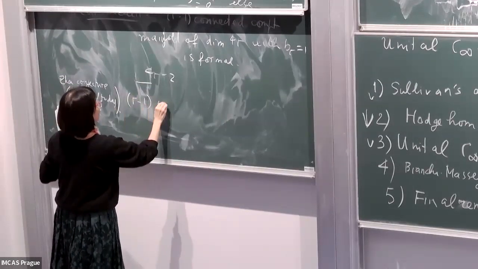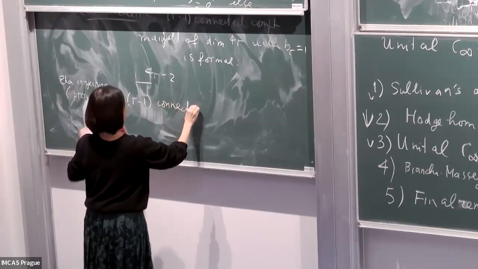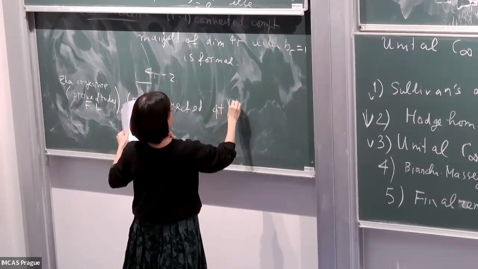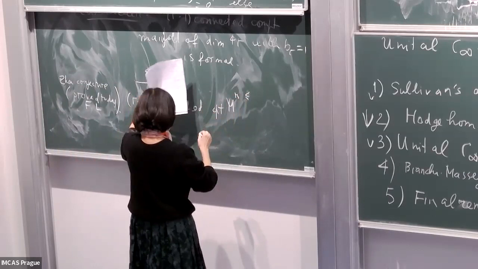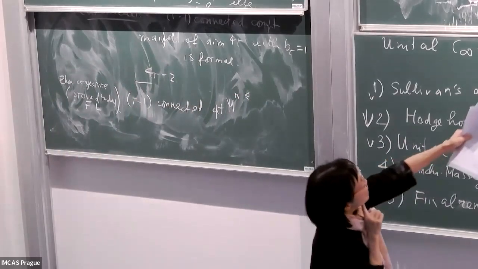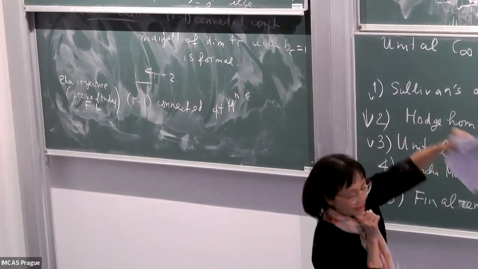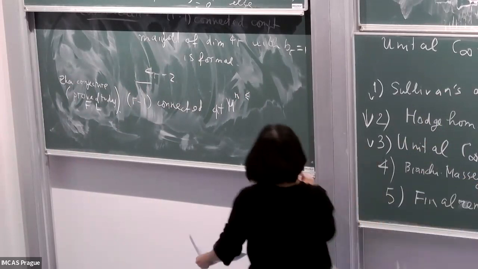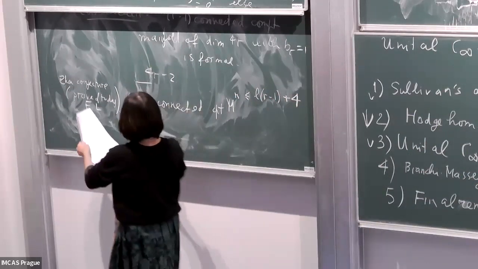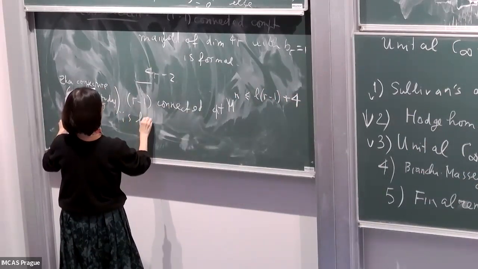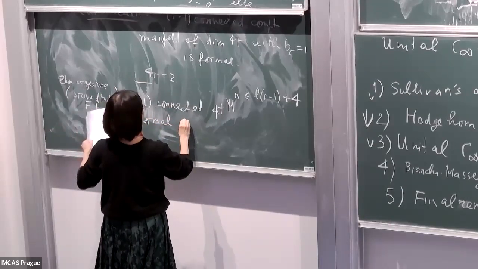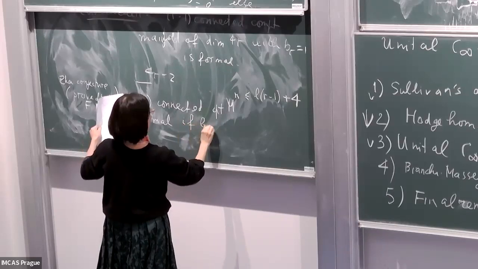An (R-1)-connected compact manifold of dimension less than or equal to 4R, so R minus 2 plus 2 here, so I increase the dimension by 2, is formal if the Betti number b_R equals 1.